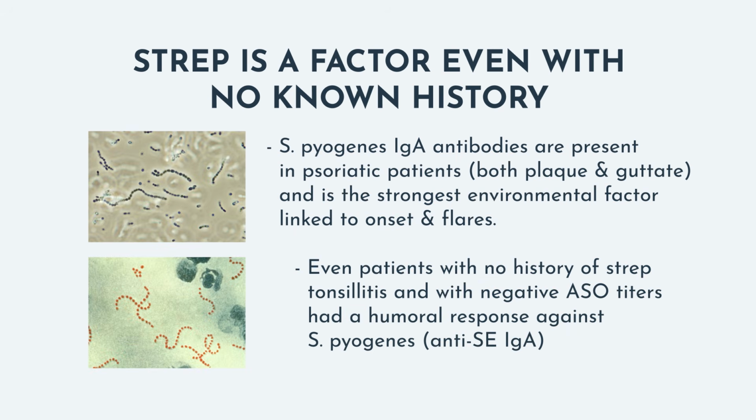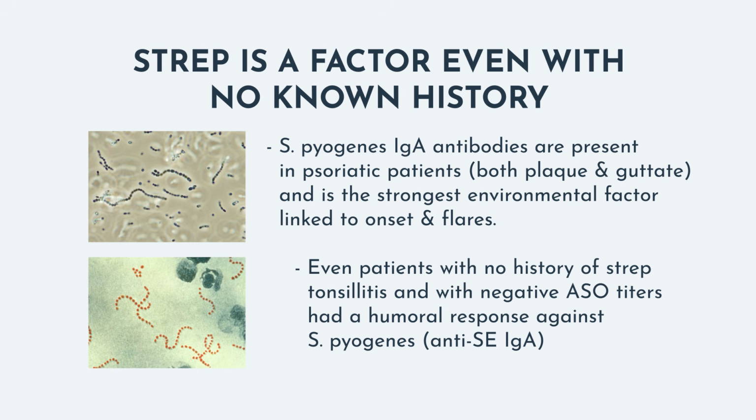Even patients who report that they've never had strep throat have a humoral response, an anti-strep IgA, which shows that they probably did have it. As it turns out, the strongest environmental factor linked to onset and flares in psoriasis that we know of is strep.